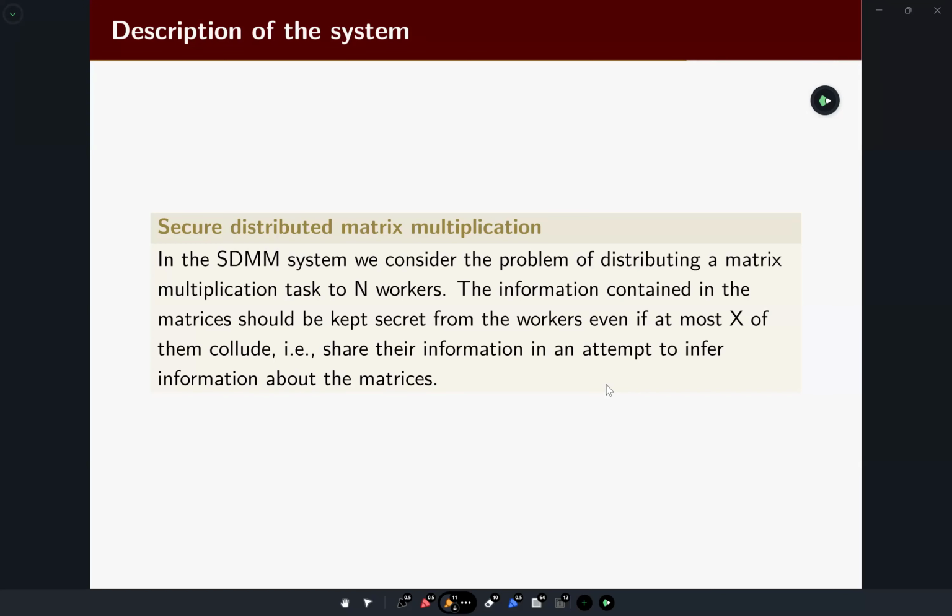A user usually needs to compute a heavy computation, which most of the time is the multiplication of two matrices, and we want to be able to use servers to ease the process, but we also want to be sure that what we give to the servers is secret, so even if X servers collude, their shared information is not available.